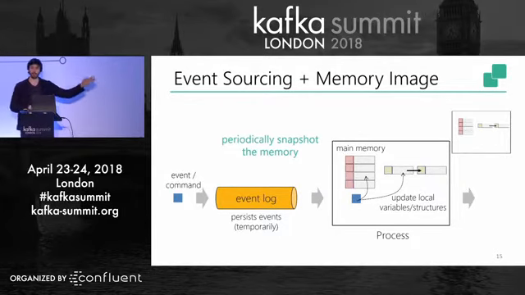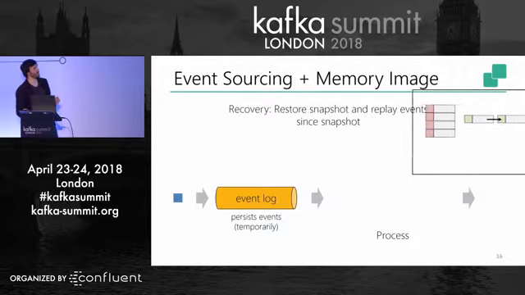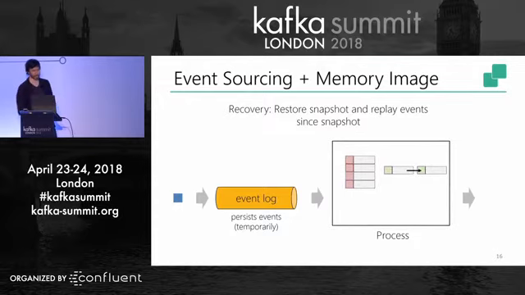It should roughly, better exactly, remember where exactly in this input event log it was when it took that snapshot. Once you've done that, when you have a failure, you can bring that memory image back and replay the remaining events since the last time you took that image. You've built a fault-tolerant system, right?